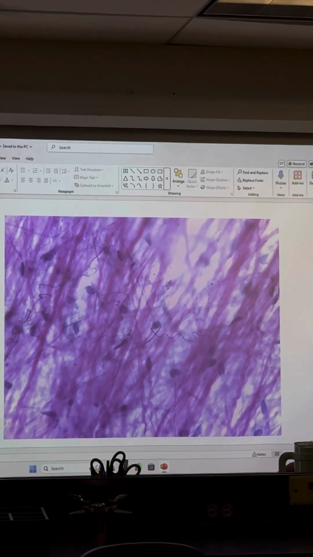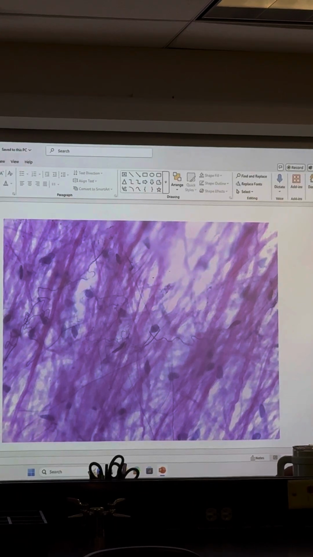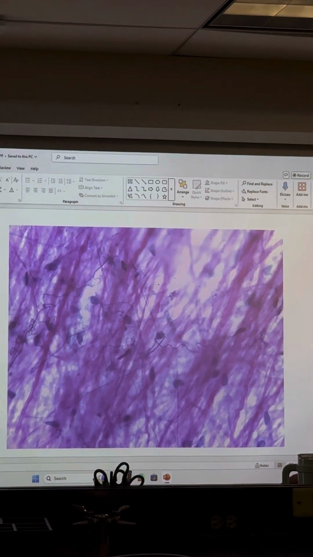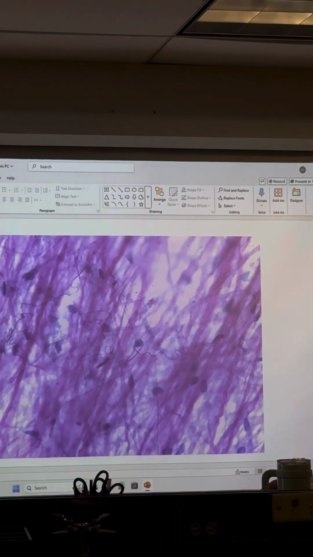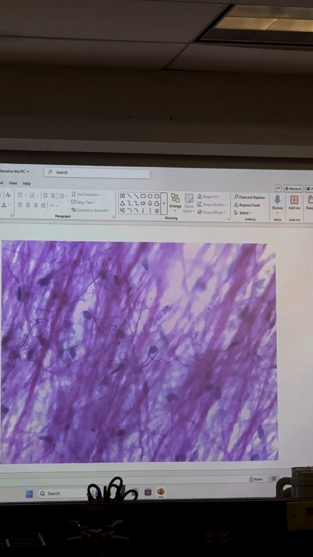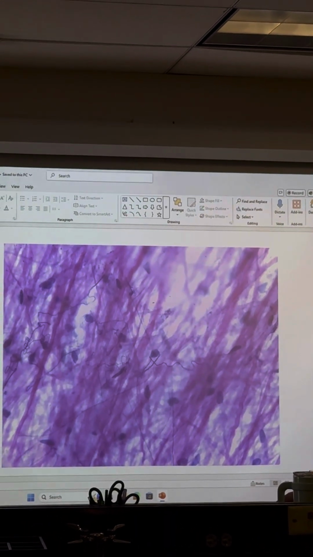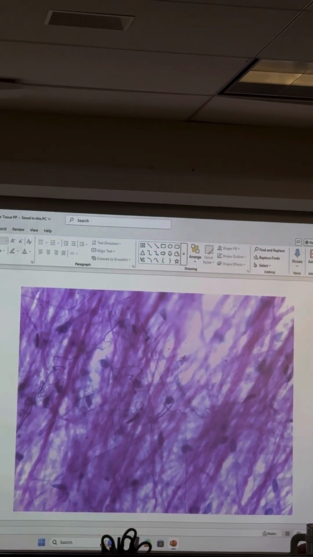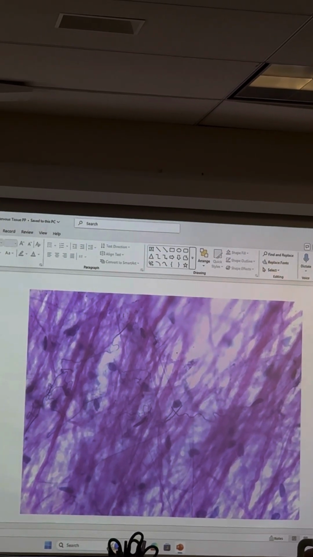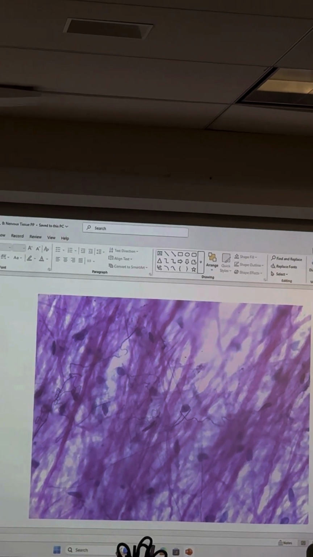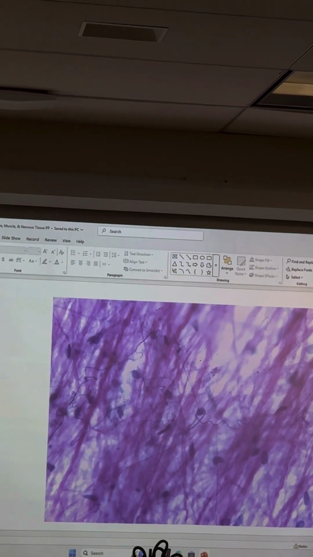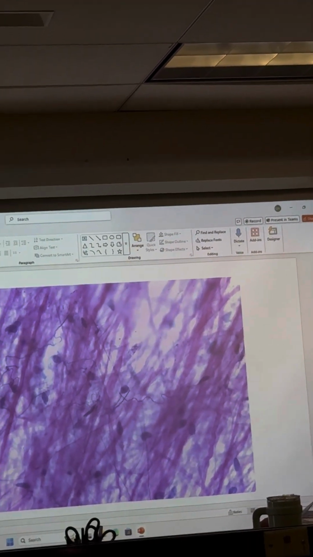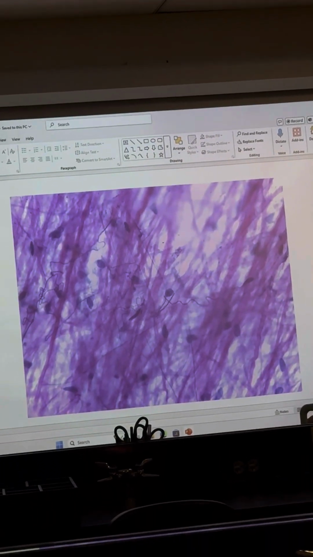Elastic. Where would you find this type of tissue? You'd find it under the skin, or like the lamina propria. That's one place you find it. It's around blood vessels. It's a loose binding. So if you move your skin around like this, the fact that it moves real nicely and easily is because of this loose binding material.